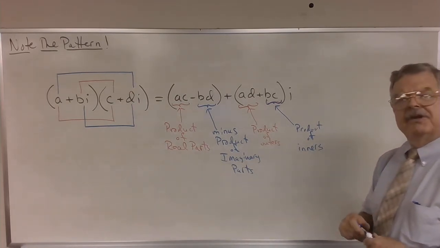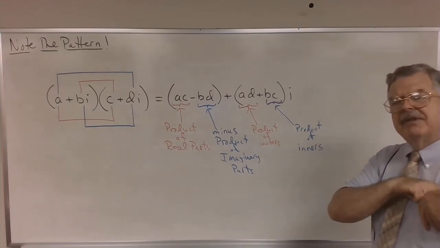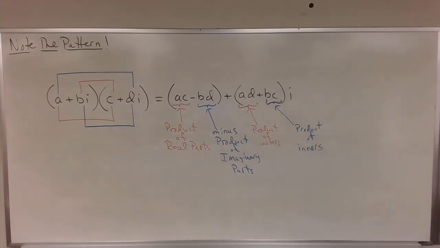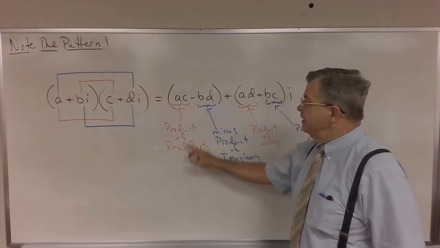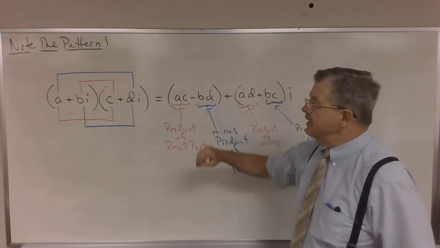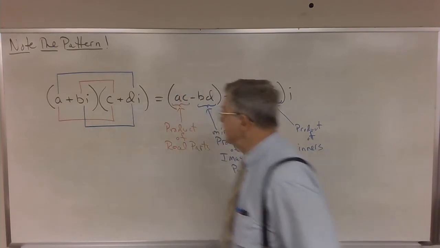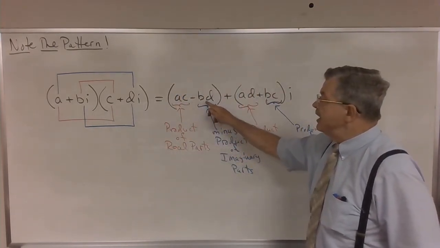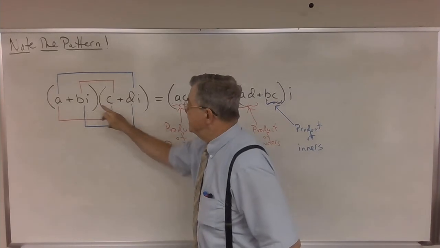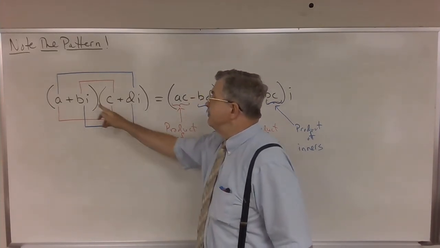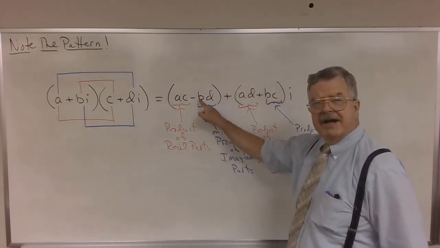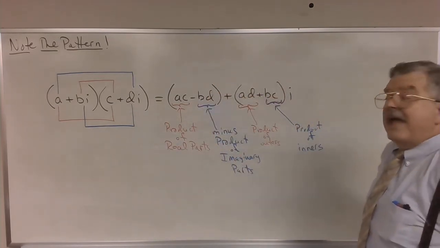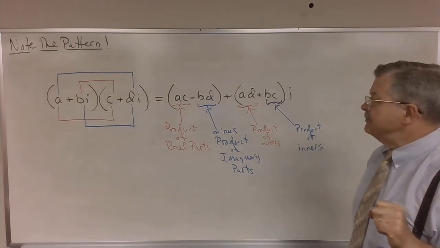So that's what we're looking at when we multiply two complex numbers together. The real part of the product is the product of the real parts, a times c, minus the product of the imaginary parts, bi di. And when we multiply i times i, we get -1, and that's what gives us this minus sign here. Everything else is imaginary.